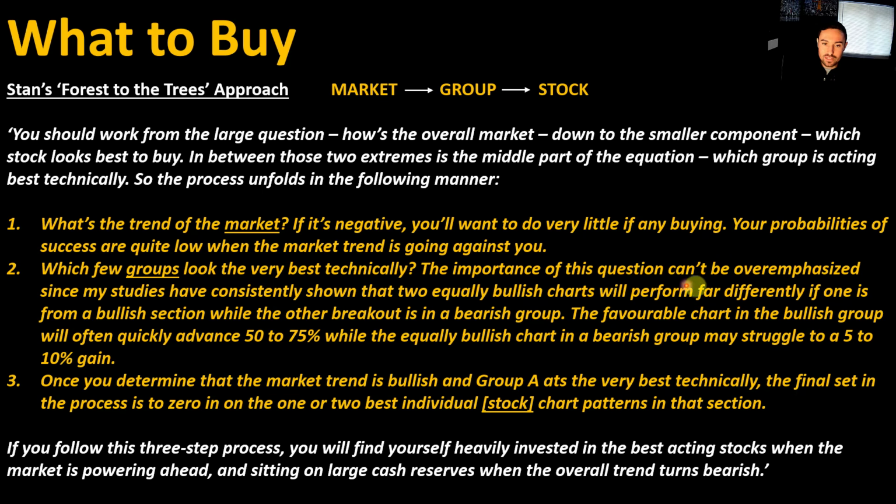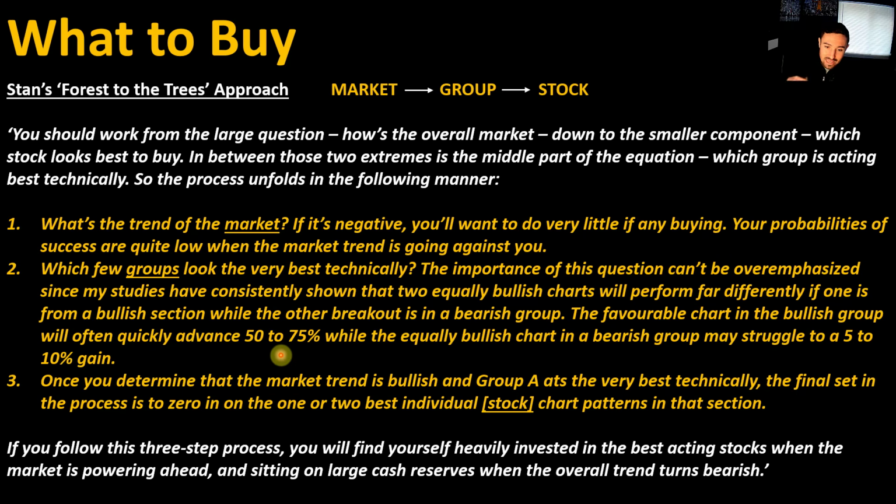The importance of this question can't be overemphasized since my studies have consistently shown that two equally bullish charts will perform far differently if one is from a bullish sector while the other breakout is from a bearish group. The favorable chart in the bullish group will often quickly advance 50 to 75%, while the equally bullish chart in a bearish group may struggle to a 5 to 10% gain.